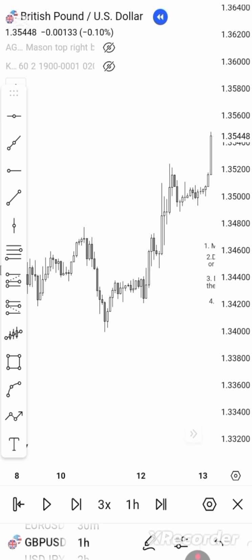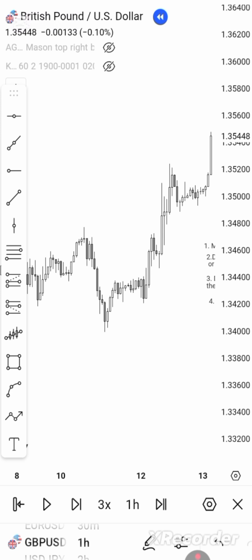Now, if you're familiar with CRT, I'm very sure you will know the 9 a.m. CRT candle model. And there are different approaches to it. There are different traders that have their own perspective, or should I say, find an edge around it.